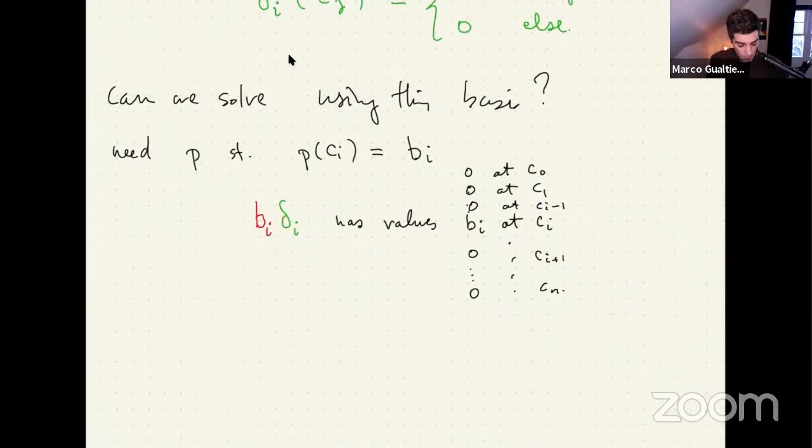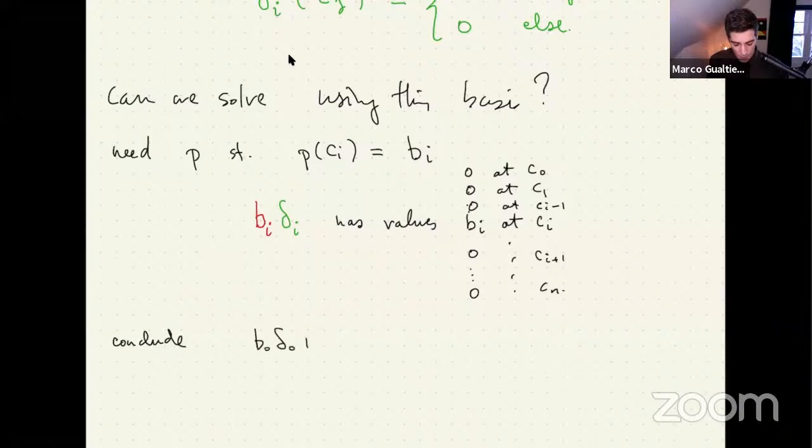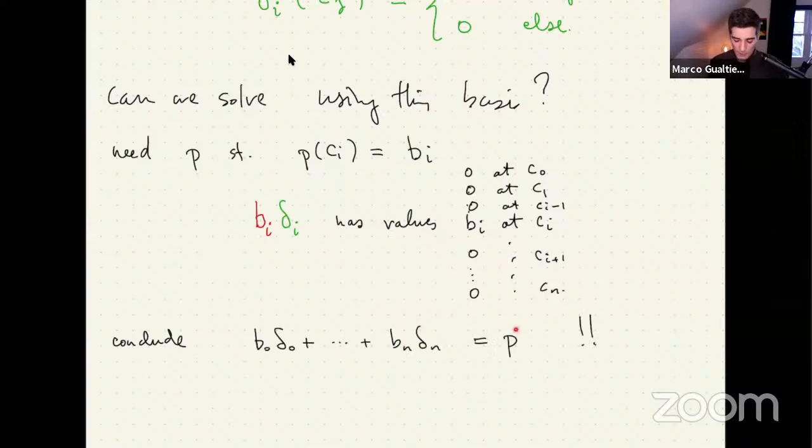Okay, and then we can conclude that if I take b0 delta 0 plus up to bn delta n, this is exactly the polynomial that I want. If you evaluate this at C0, then only this term will contribute at the point C0 because all of the others vanish at C0. So this one will contribute at C0 and give me value B0.